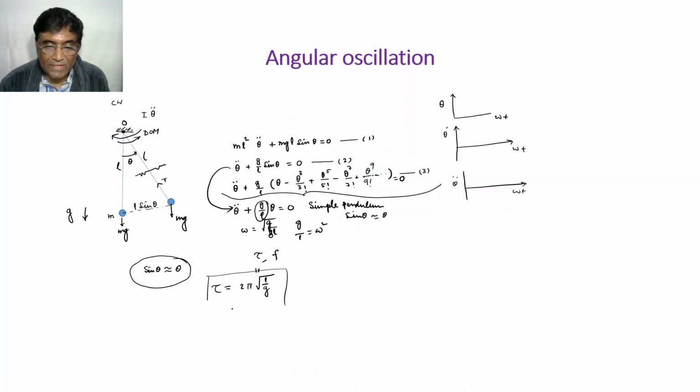So the time period will be T equal to 2 pi root over L by g. You know L, you know g, so you calculate it. You will see that when it is oscillating violently, meaning theta is large, there will be a huge difference from the actual.